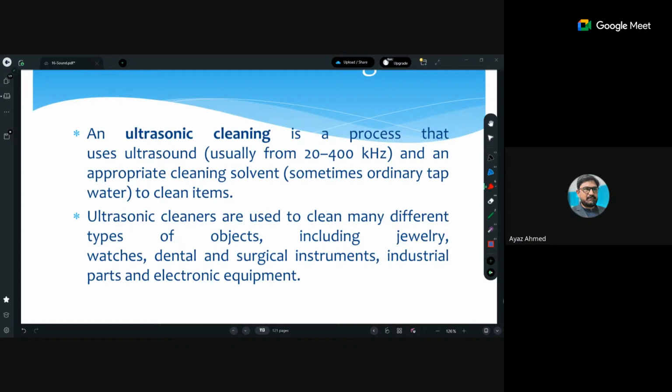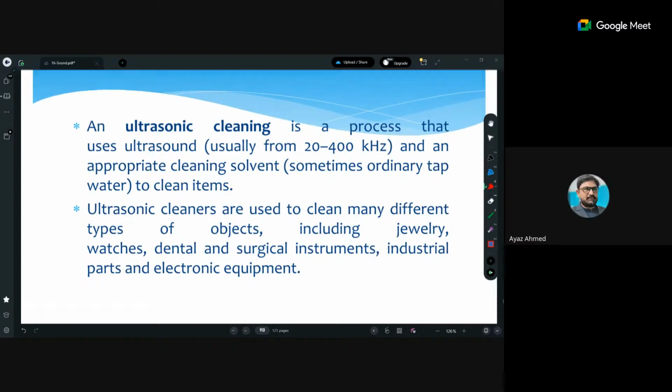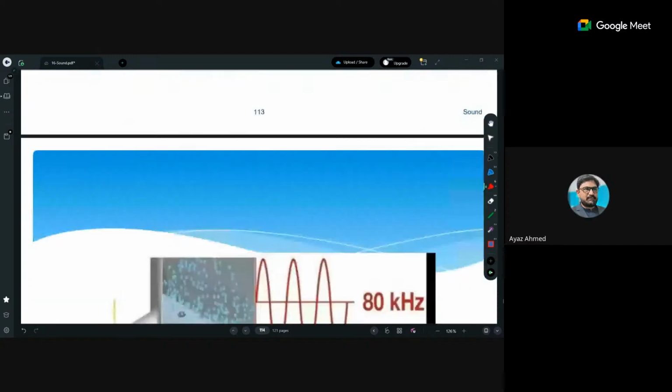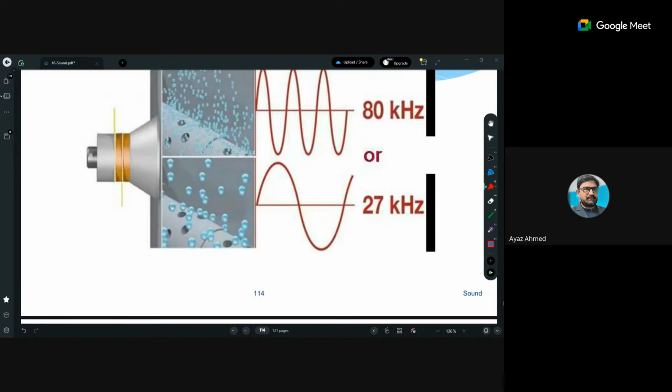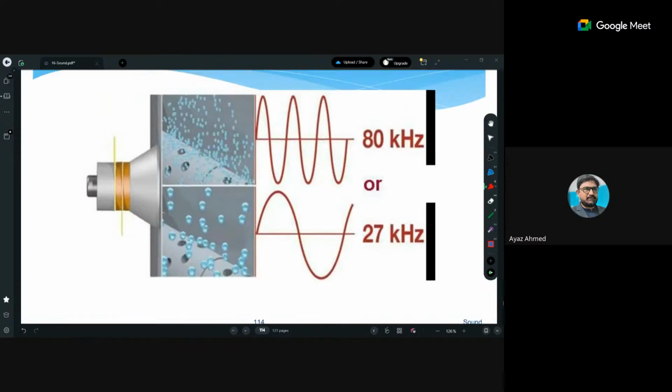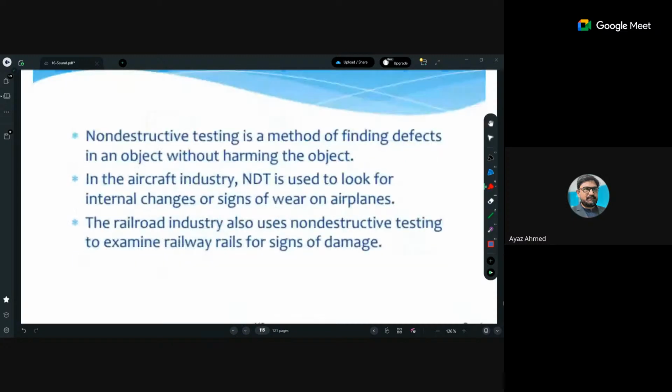That is why we clean them ultrasonically. Ultrasound cleaners are used to clean jewelry and very precious equipment. With frequencies of more than 80,000 hertz or 70 kilohertz, they are used to clean dust.